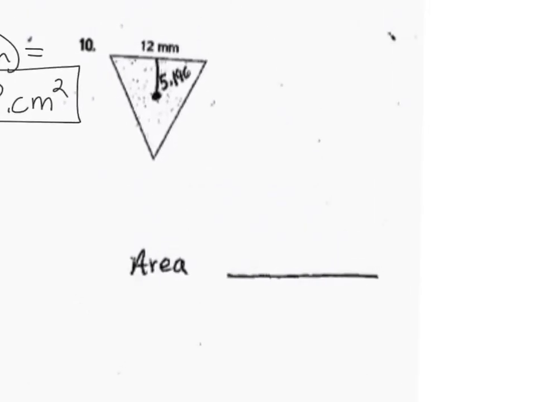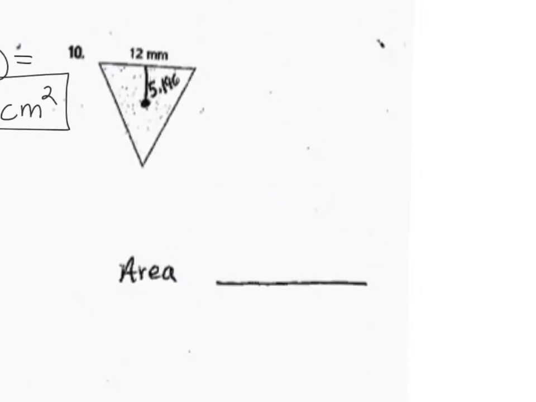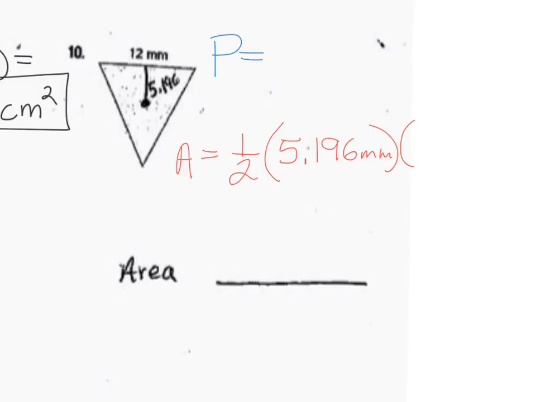Okay, so now tell me about number 10. What do we need to get the area? A equals 1/2. Do we have the apothem? Yes. What's the apothem? 5.196. And then times the... 36. 36 is right. How did you get the 36? Multiply it by 3 because we already have the side. That is right.